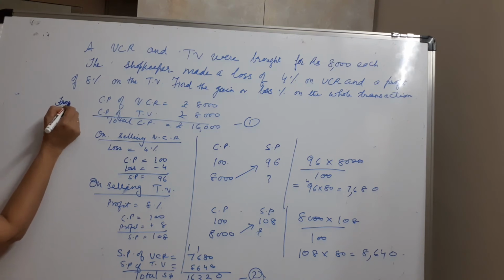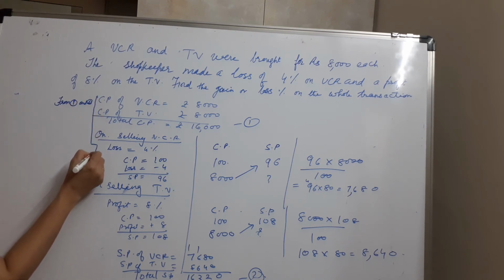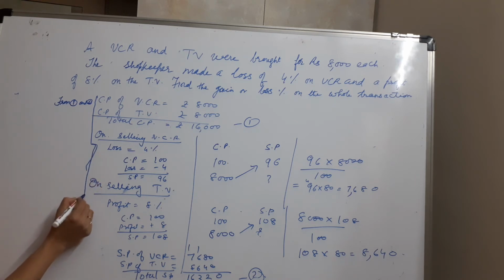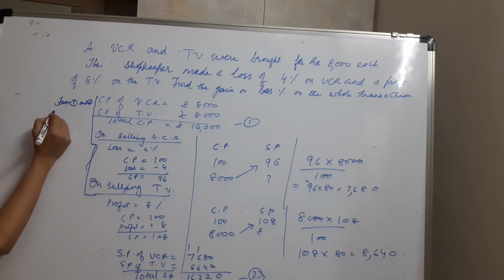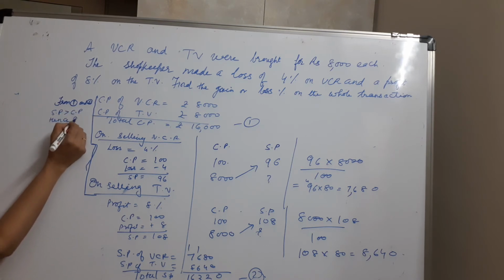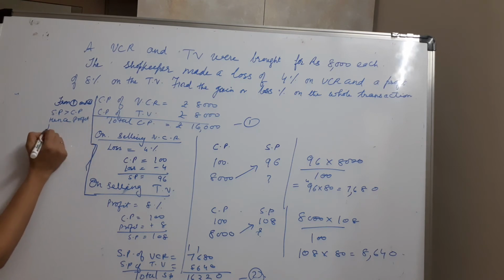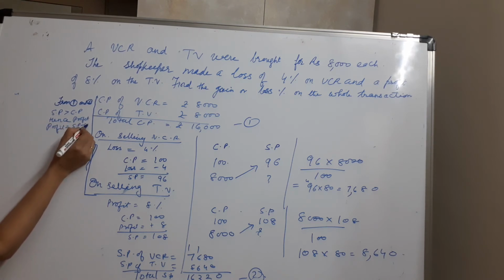From 1 and 2, SP is greater than CP, hence profit. Profit is equal to SP minus CP, that is equal to 16,320 minus 16,000.